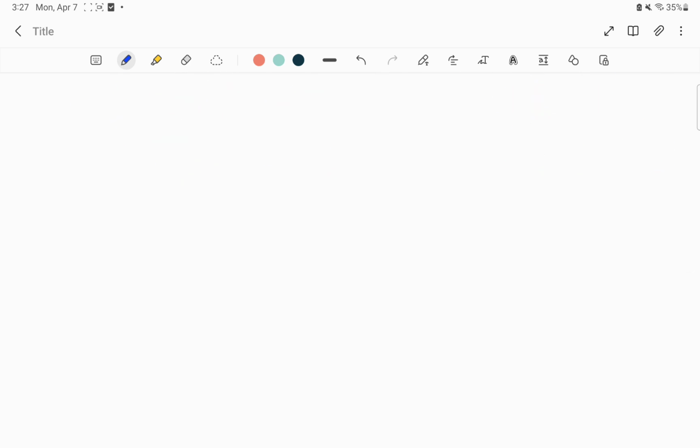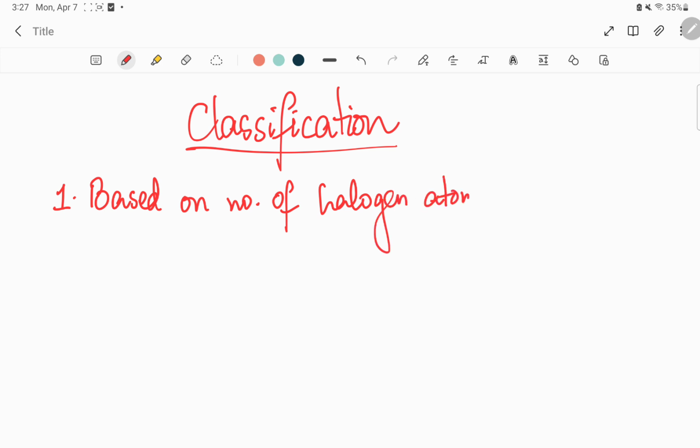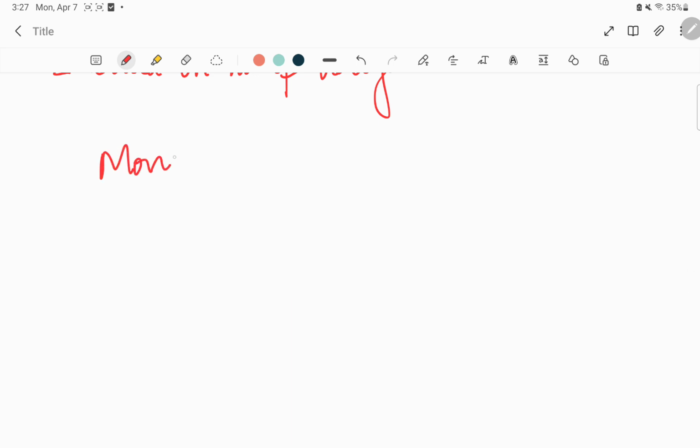Now we need to discuss the classification. So first we need to discuss the classification based on the number of halogen atoms. So first we can discuss about monohaloalkanes or monohaloarenes.